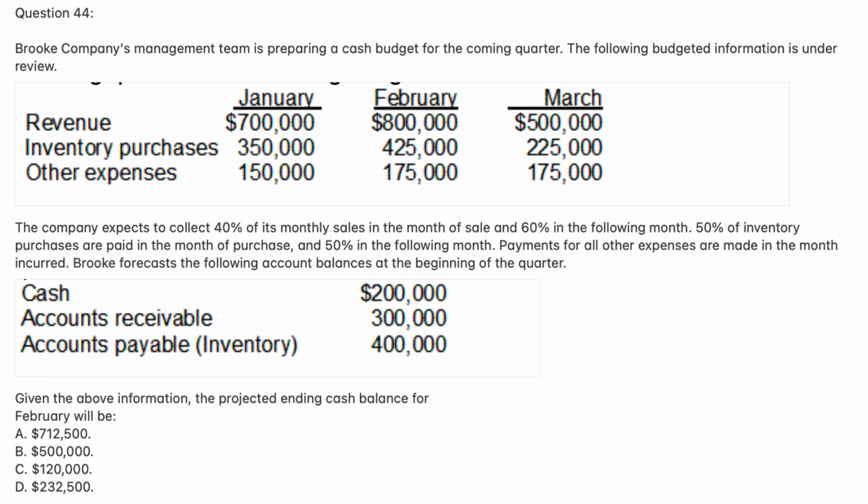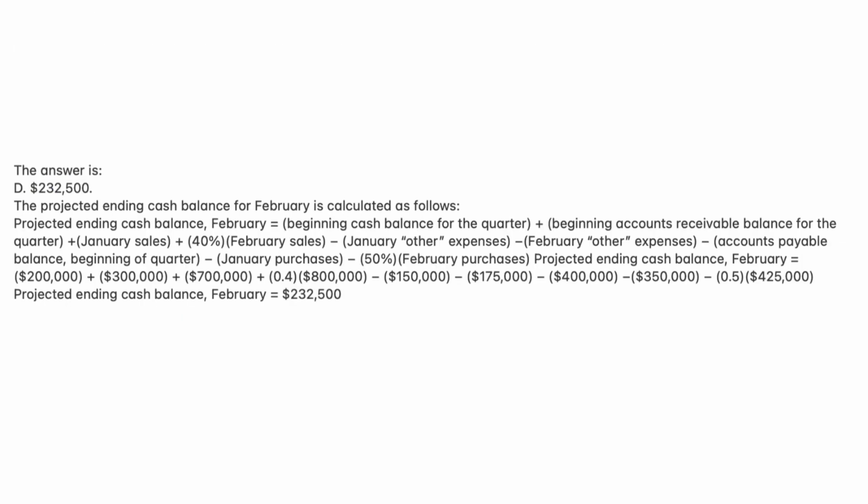Brooke forecasts the following account balances at the beginning of the quarter. Given the above information, the projected ending cash balance for February will be A. $712,500, B. $500,000, C. $120,000, D. $232,500.